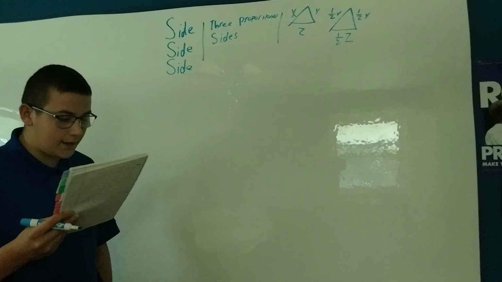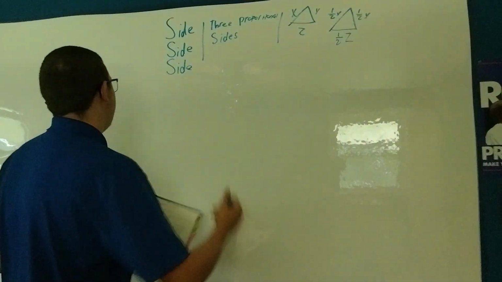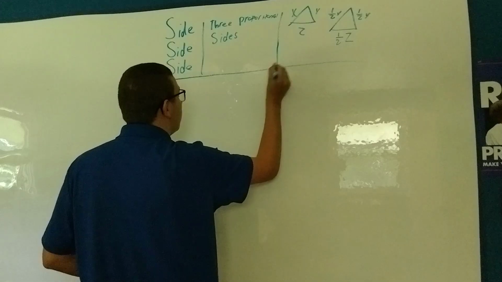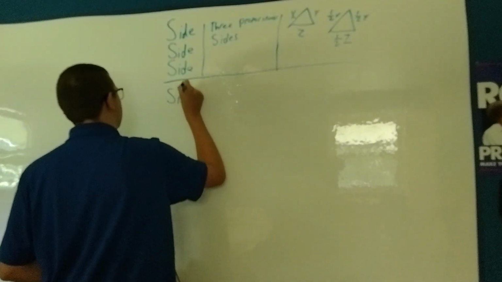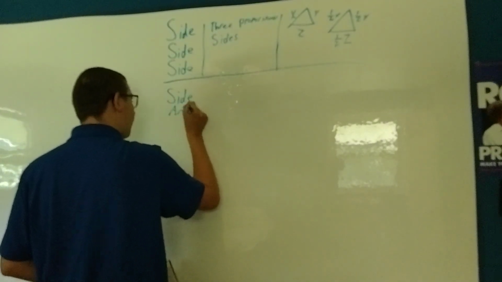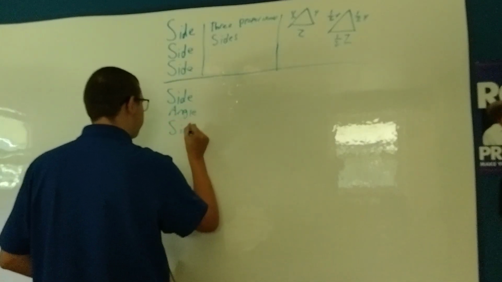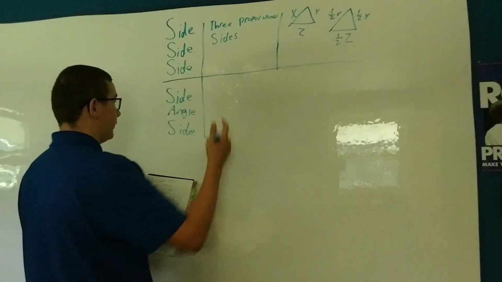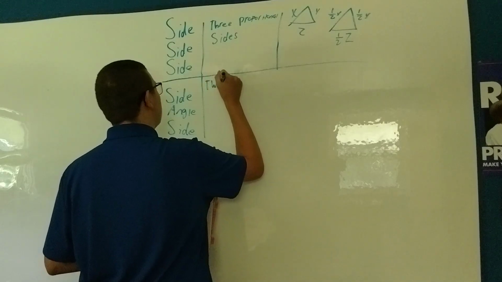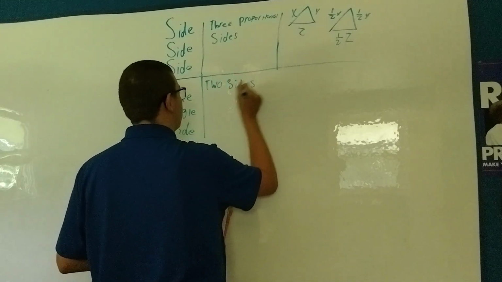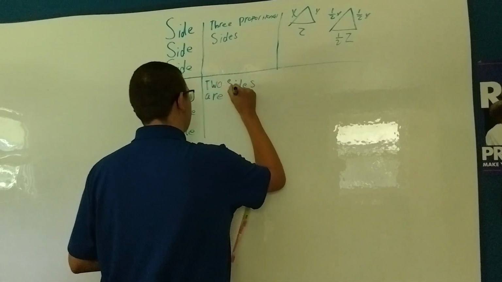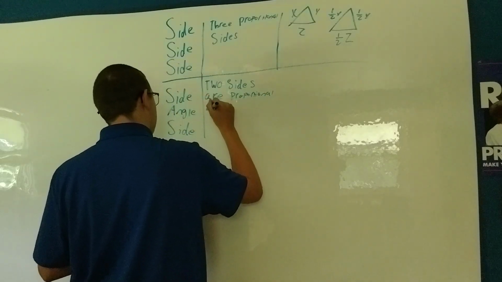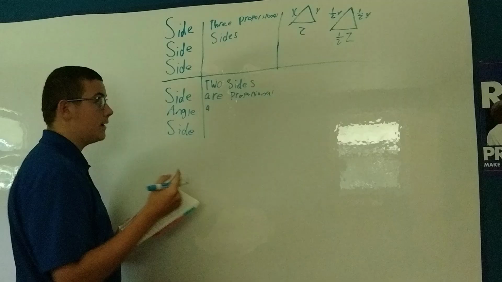Next, side, angle, side. So we have, let me just extend these down. Side, angle, side. And in side, angle, side, you're going to prove that 2 sides are proportional and that one angle is congruent.